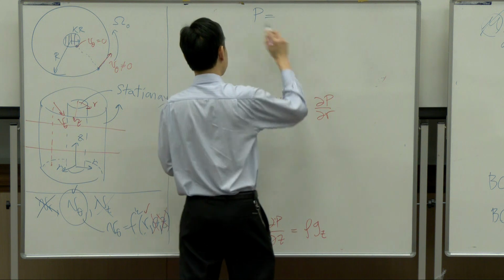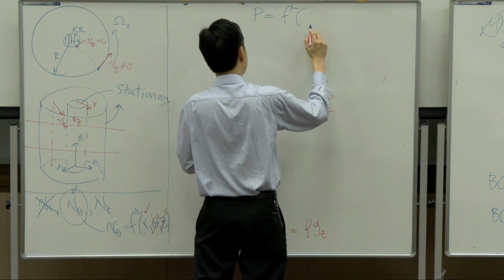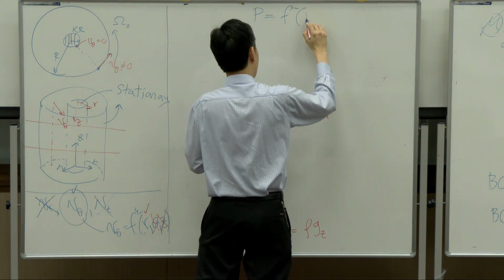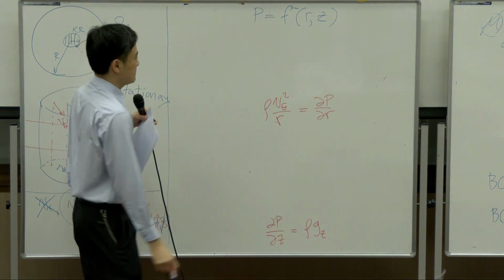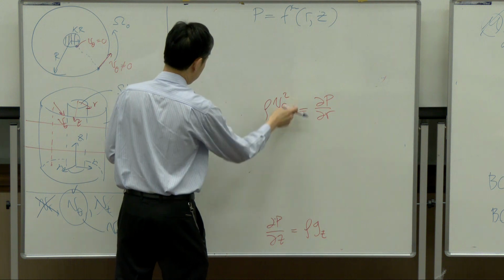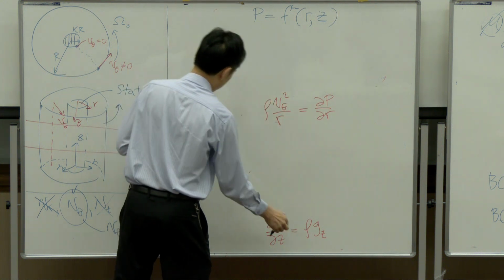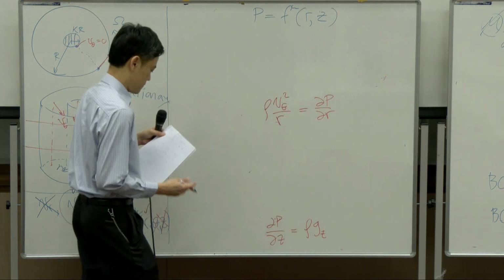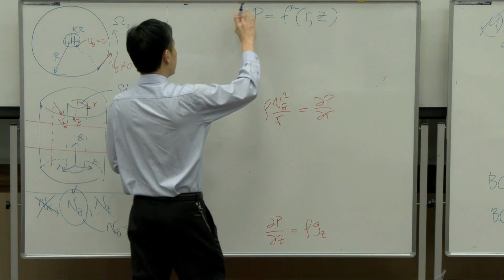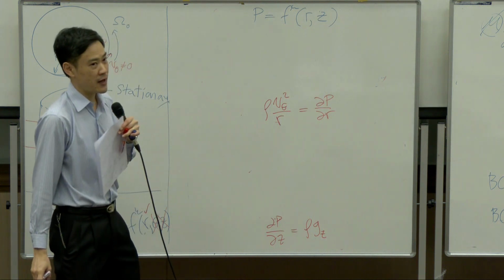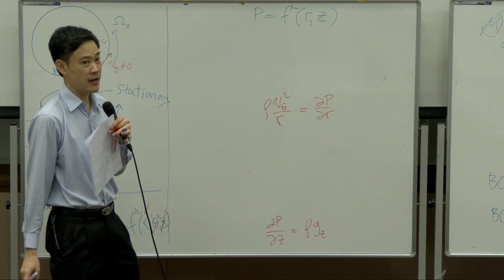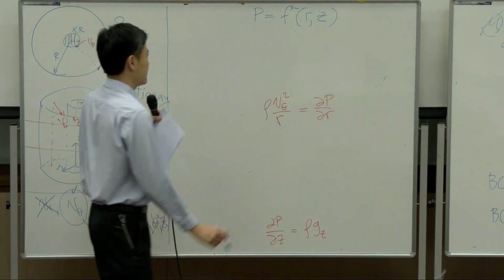I know that in the system, pressure depends on r and z. It depends on r here because this side is not 0. It depends on z here. If I write it down like this, it would be very similar to what I use frequently in thermodynamics, right?